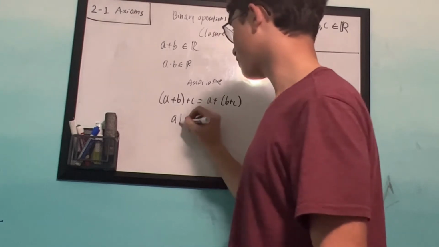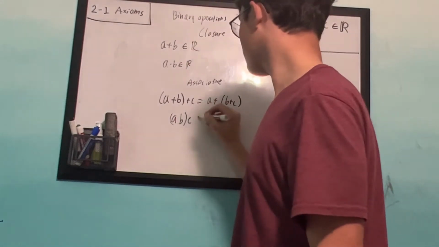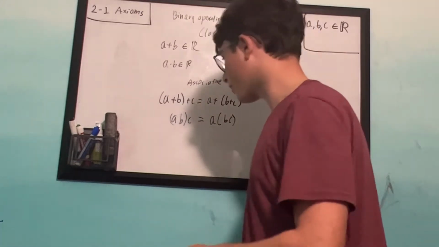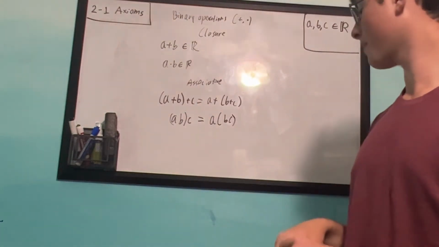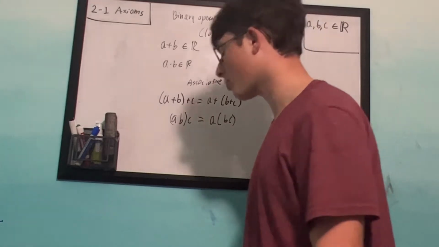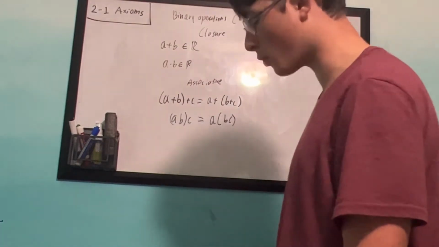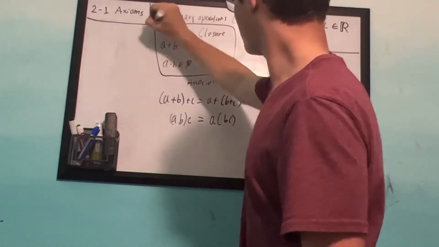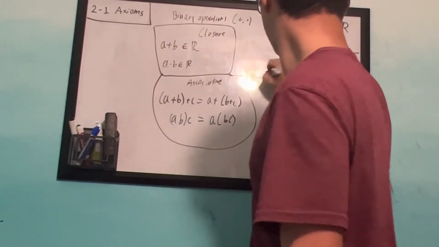And this is also true for multiplication, where these two statements are also equal, because it doesn't matter where you put the parentheses as long as everything stays in the same order. I'll box these, make them easier to see.